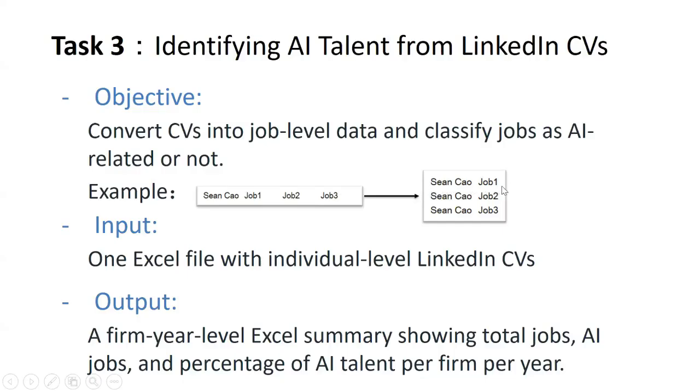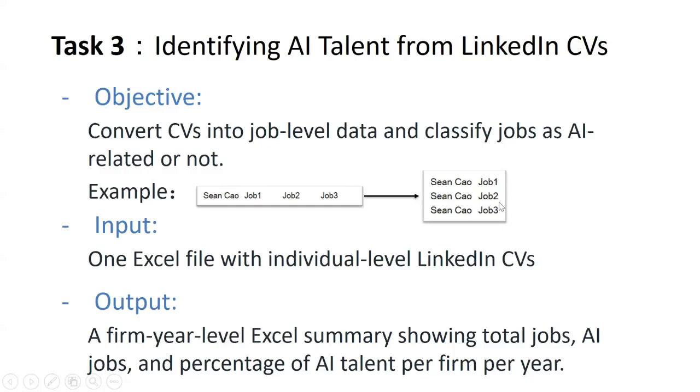So you have to convert these so row 1 is job 1, row 2 is job 2, row 3 is job 3. Why do I want to do that? Because the classification is not at an individual level. The classification is at a job level. What I mean is you cannot tell me Sean Chow is an AI person or not. That's not correct. You only tell me whether Sean Chow's job 3 is AI or not.